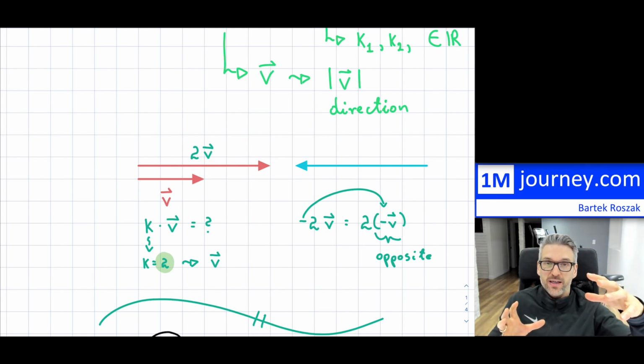It doesn't change the direction if the scalar is positive. If the scalar is negative, then it does change the direction so that the vector becomes its opposite, and then that opposite vector gets scaled depending on the magnitude of that scalar.